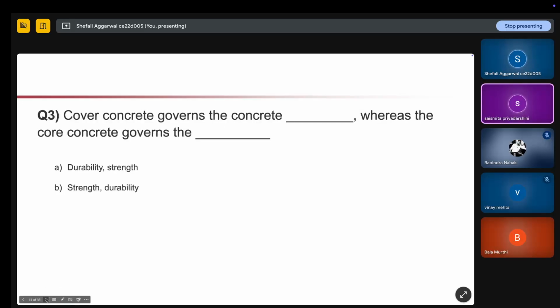Next question is, cover concrete governs the concrete dash, whereas the core concrete governs the dash. Durability or strength?